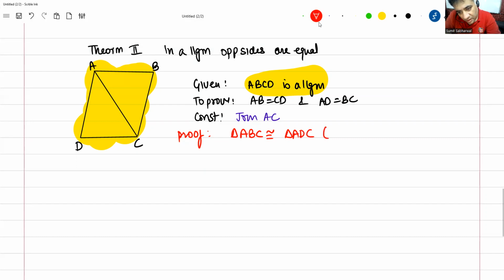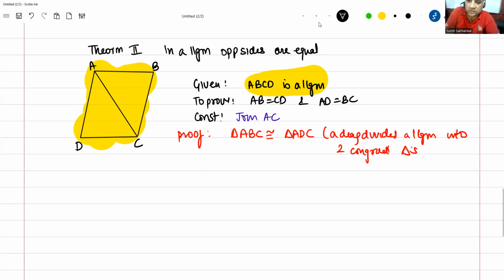Reason being, a diagonal divides a parallelogram into two congruent triangles. Now, since the triangles are congruent, we can simply say that AB is equal to CD and AD is equal to BC by CPCT. I hope this is clear.